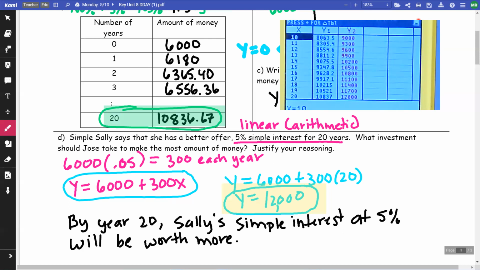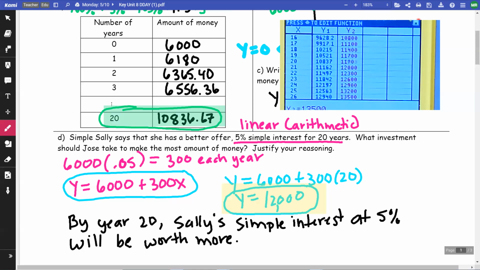Here I can see that at year 0, they both were at 6,000. This one, the simple interest one, is actually worth more. It is still worth more, still worth more.